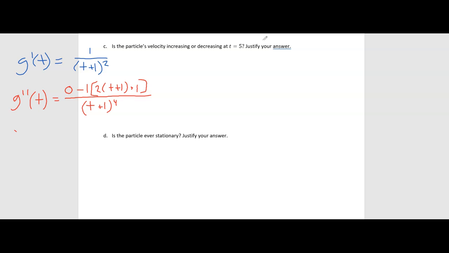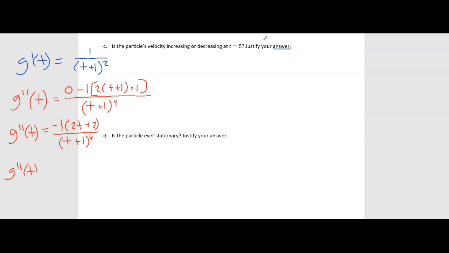If I do some simplifying, I guess I'll do 2 more steps. I'll get negative 1, and then I have 2t plus 2 all over t plus 1, that quantity to the 4th power.